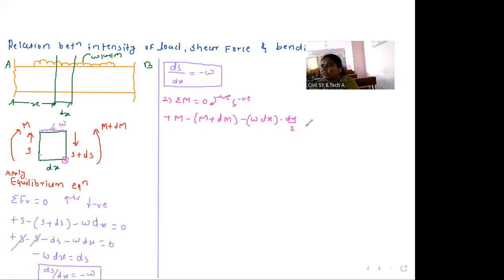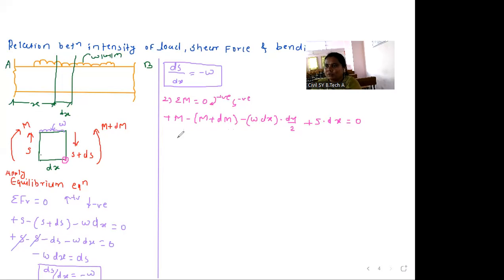So plus S into dx is equal to 0. So this minus w into dx by 2 has a square term, which is a very negligible value, so we will ignore this value.